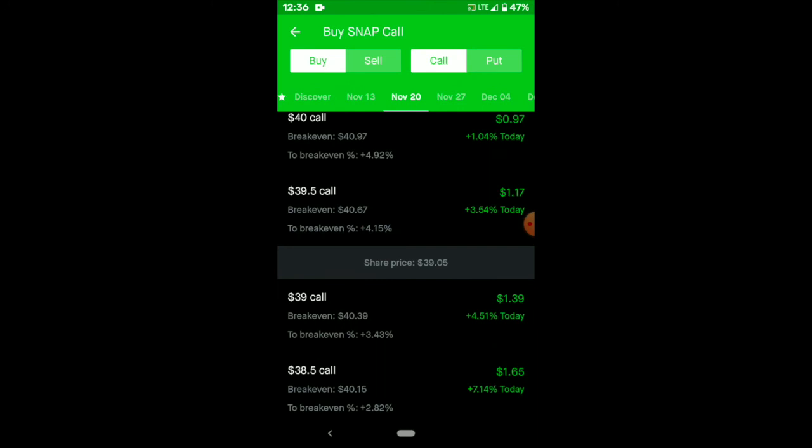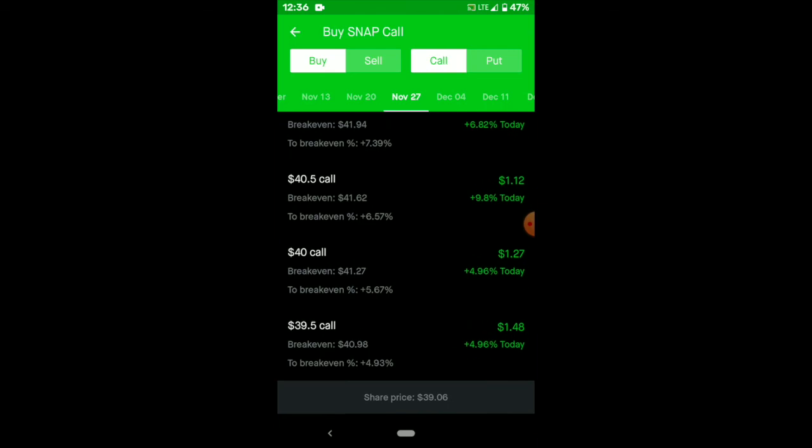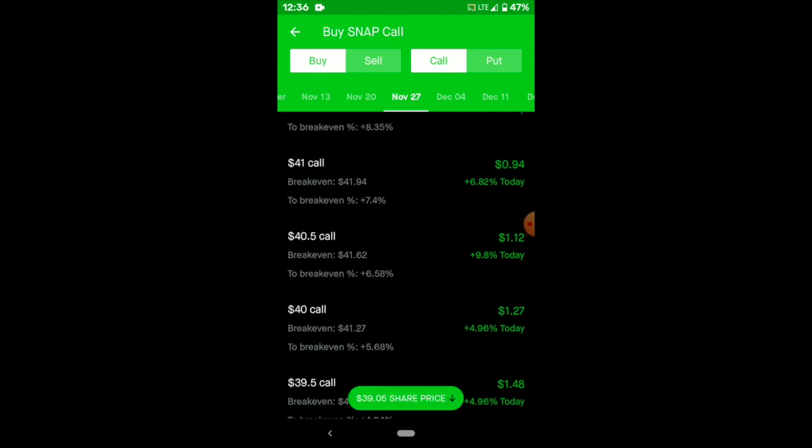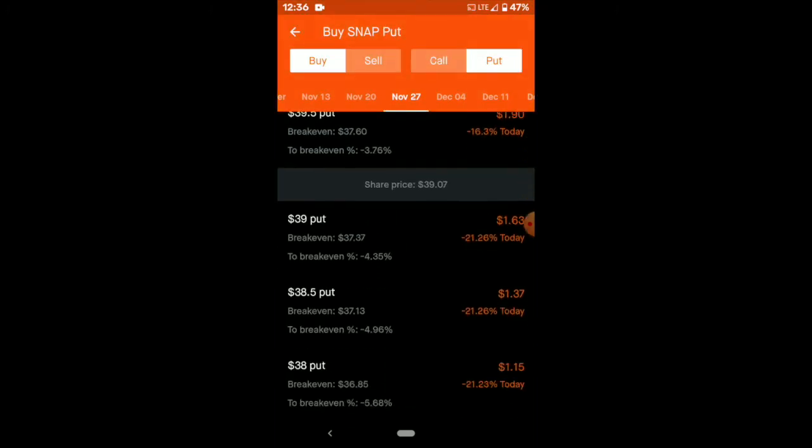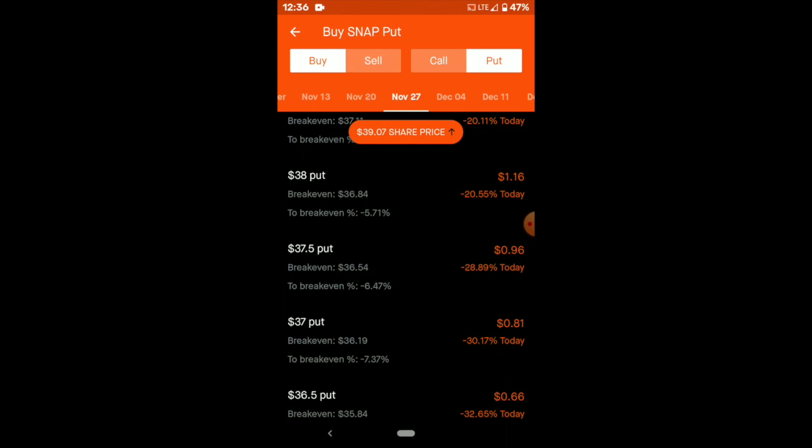As you get a little bit more experience, you can go further out, and you'll realize that these are typically safer. Really, the way to look at this is, the further out you go, it's like you're saying that the likelihood that Snapchat reaches $41 by November 27th is likely. Or likewise, that the chance Snapchat hits $37.50 by November 27th is likely as well.